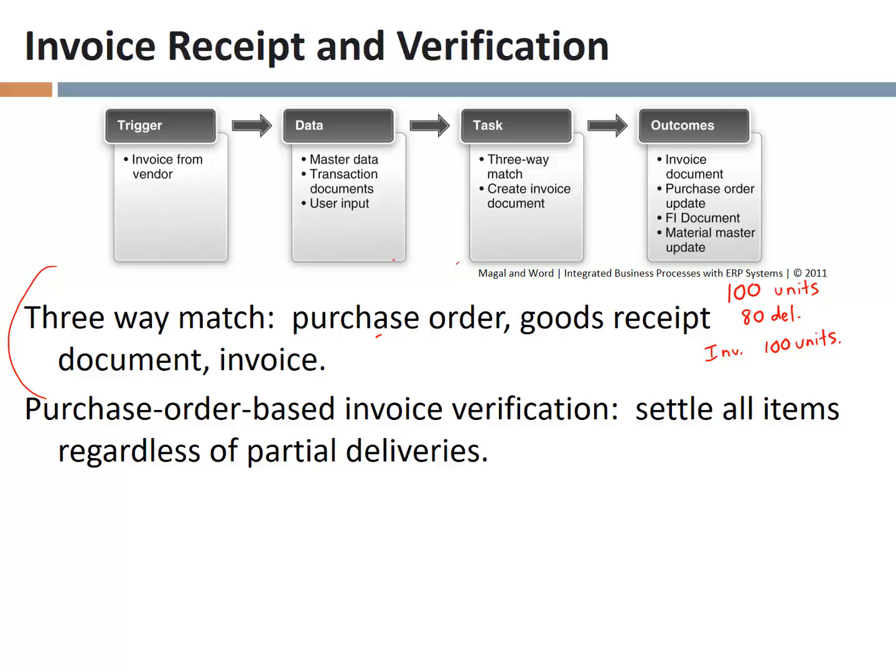If we have a purchase order based invoice verification, we have a bias towards paying the invoice as long as it's consistent with the purchase order. So in the scenario that I gave you, we ordered 100 units, they delivered 80 units, they sent us a bill for 100 units, and we sent them a check for 100 units.